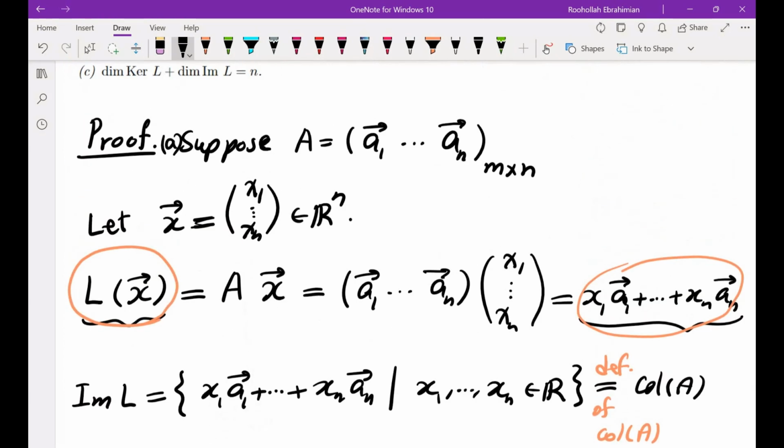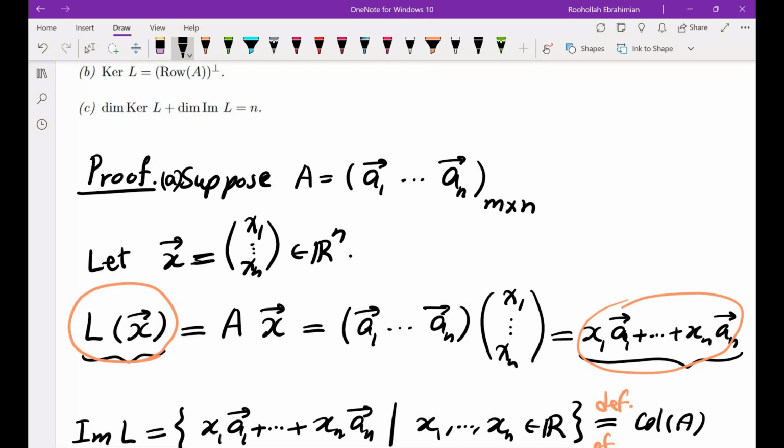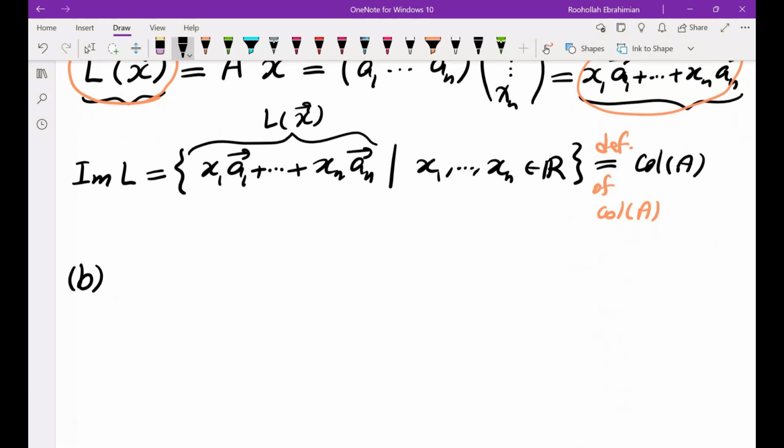And just to be clear, these are exactly equal sets. So I didn't actually need to show one is a subset of the other, because really what I did was I wrote down the definition of image and I substituted L of x by something that was exactly equal. Okay, and since this works for every x1 through xn, those are identical sets.